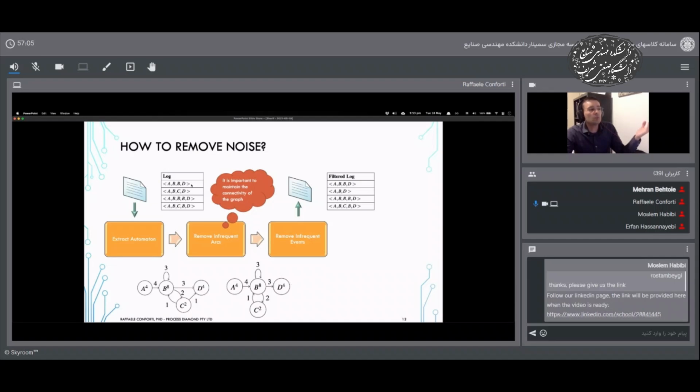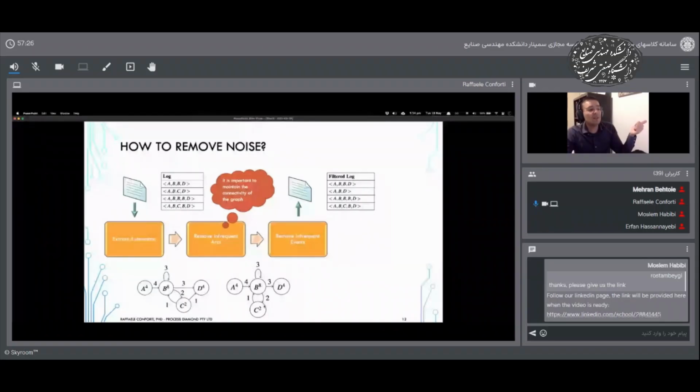So the first one is A, B, B, D. That's okay, so it can remain. The second one tells us that we have to do A, B, C, D. Let's try if we can do it. I do A, I go to B, I go to C.